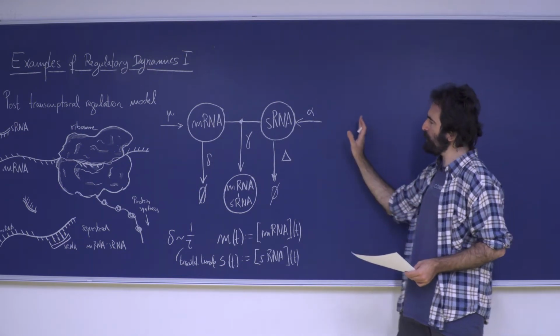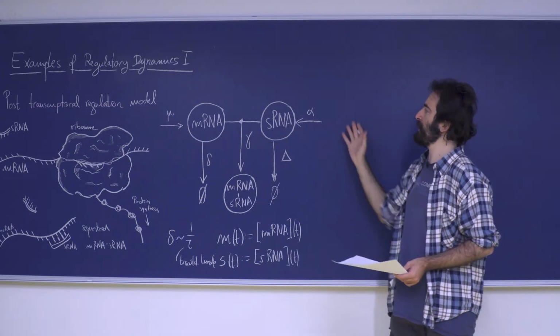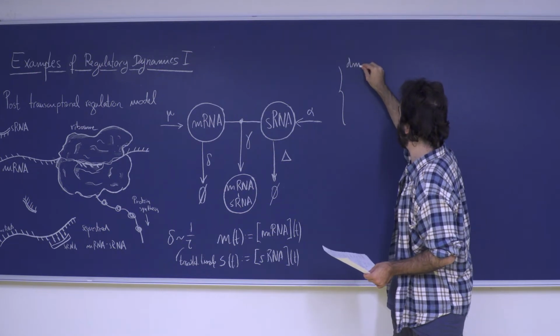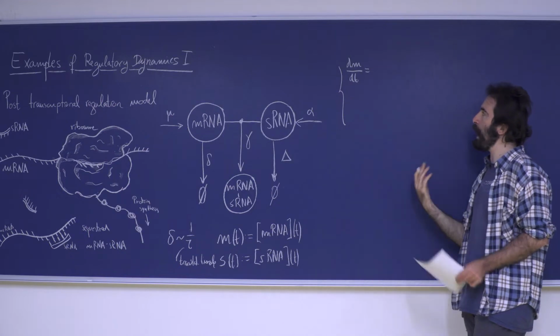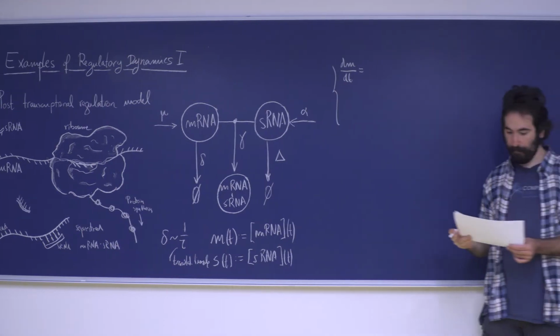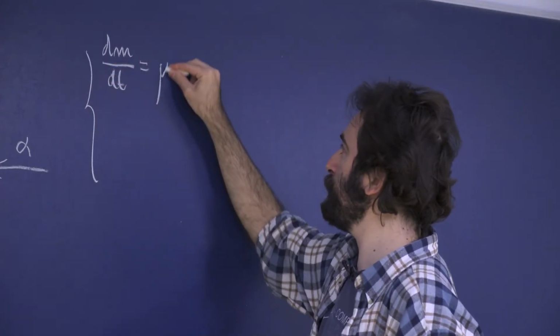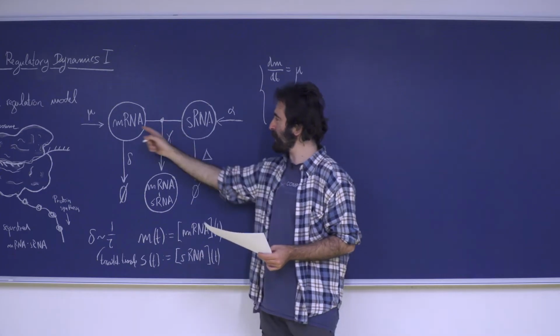Okay, how do we now go on to our beloved ordinary differential equation system that captures all of these? Well, now we have defined the variables, so we can work with them rather more easily. And first off, we want to focus our attention on how the concentration of mRNA is evolving over time. Well, as I said, mRNA is introduced into the system at rate mu, right? But mRNA interacts with sRNA.